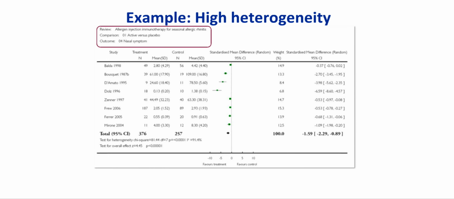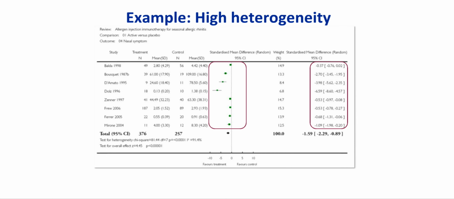Another example for large heterogeneity is shown on this slide. This review deals with allergen injection as immunotherapy for seasonal allergic rhinitis, where active versus placebo interventions are compared, and the outcome is nasal symptoms.